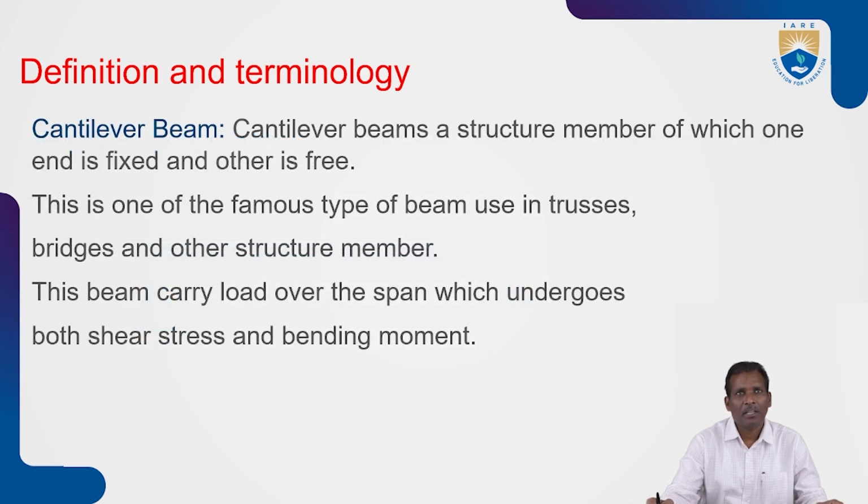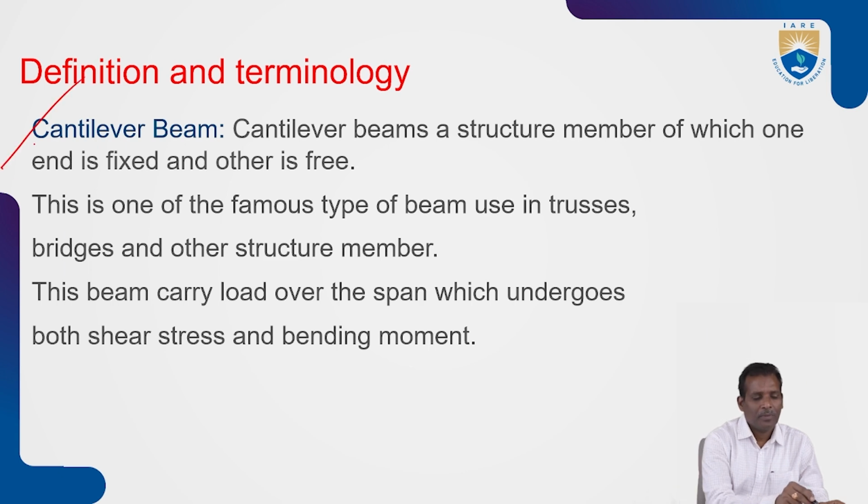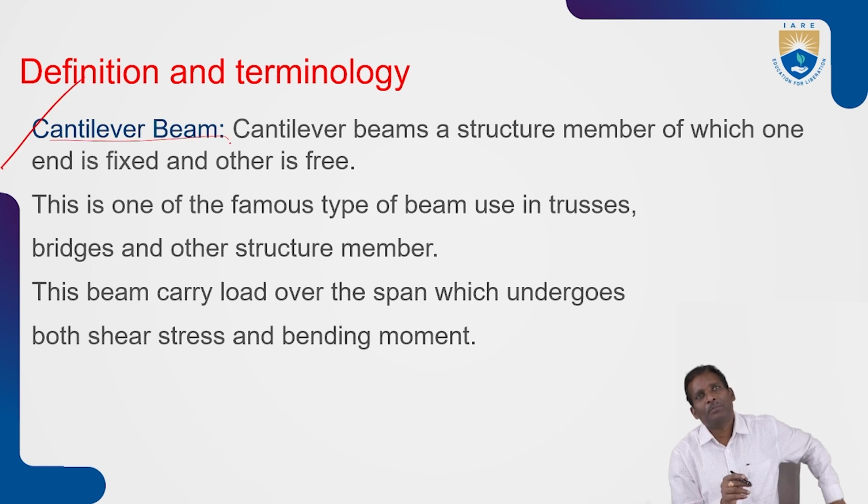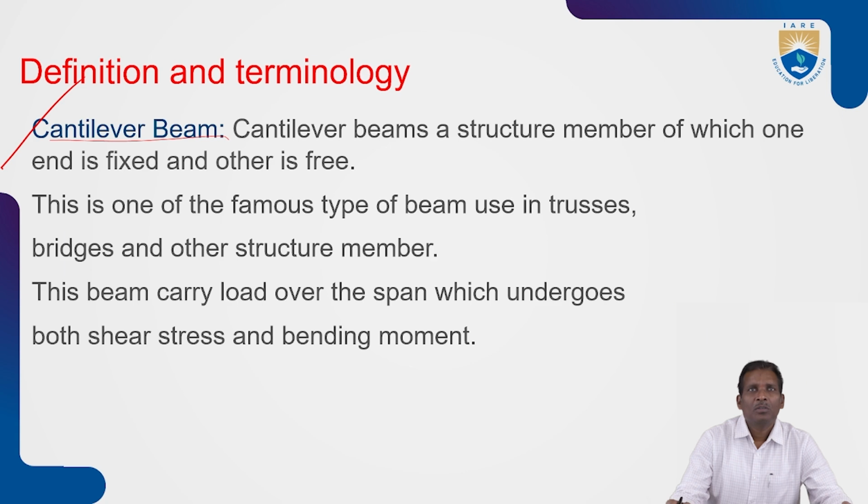So now cantilever beam. How do you define the cantilever beam? It is a structural member of which one end is fixed and the other end is free. I already told you earlier.